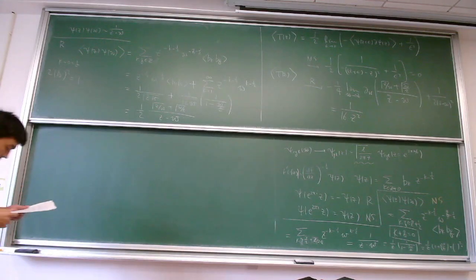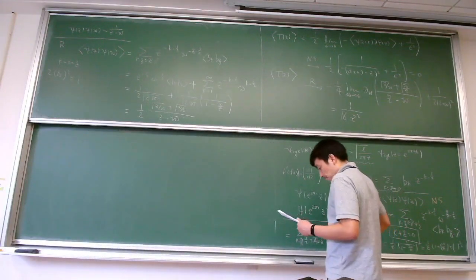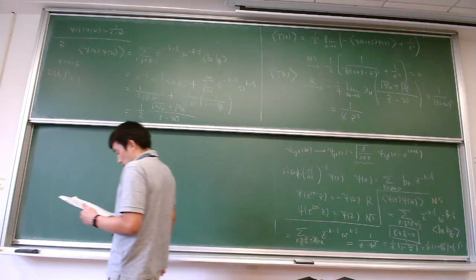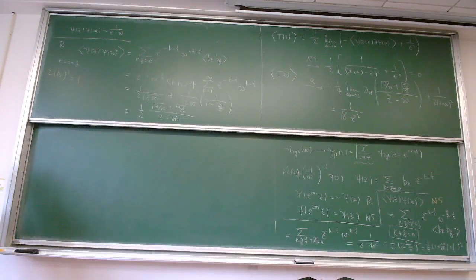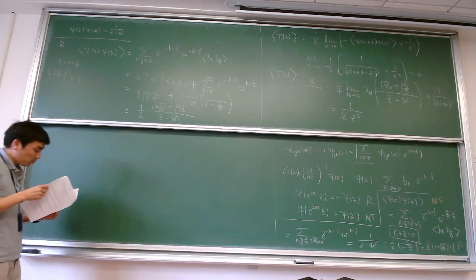This is what's really happening in the energy momentum tensor of the free fermion. And now we just want to compute the Casimir energy. So we will do the same thing as before.